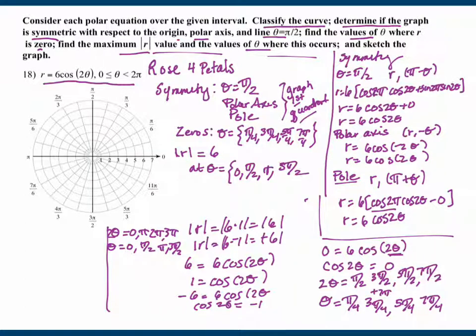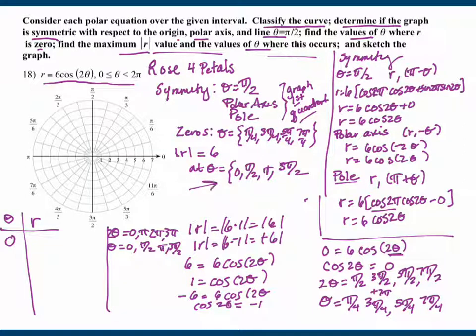Okay, we're getting there. Now we just have to graph it. So we're going to make a theta R chart. Theta and R. And I have a lot of these points already figured out. At 0, that was one of my maximums, right?